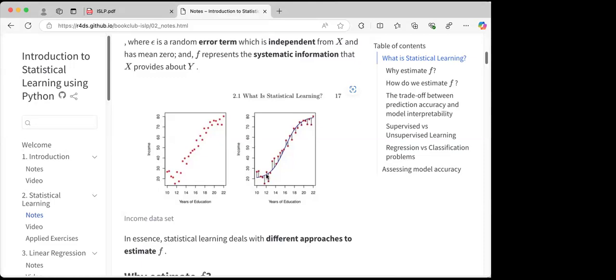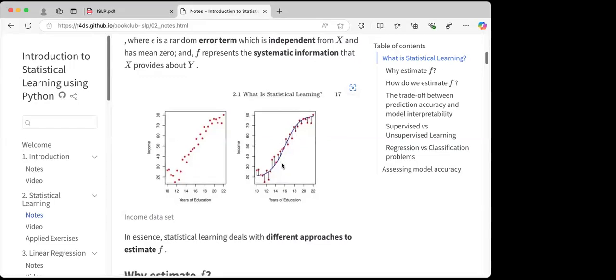So this line, this curve, is what should be f. This is what we want to estimate. The differences between the dots and the curve are basically the variance.